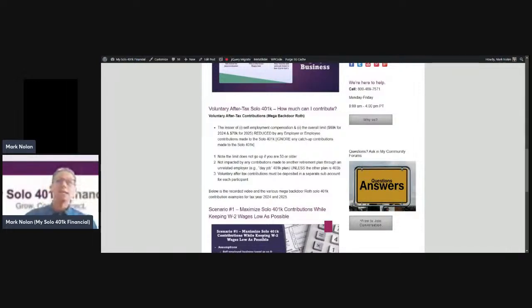That's known as the 403b exception, but that same rule doesn't apply to daytime employer 401k plans, meaning you can still maximize your voluntary after-tax solo 401k contributions and do the Mega Backdoor Roth Solo 401k strategy.